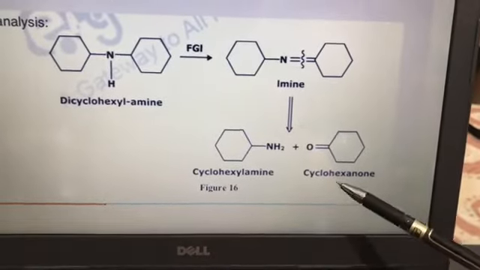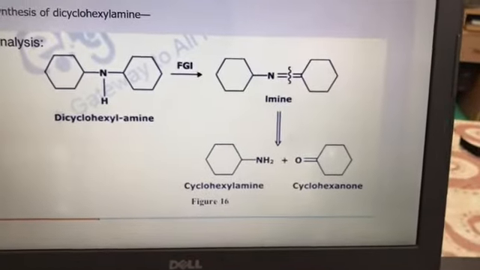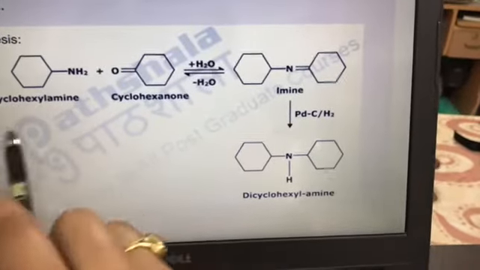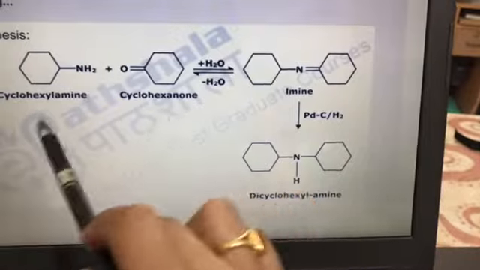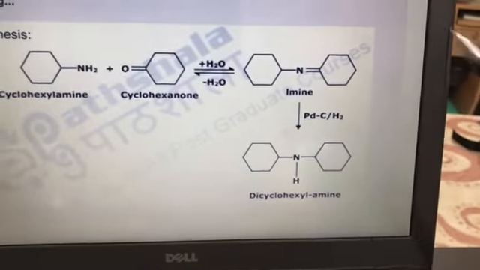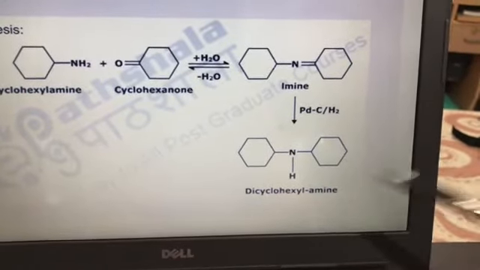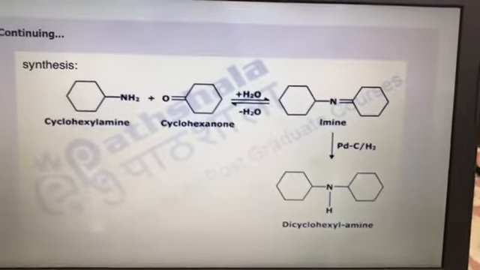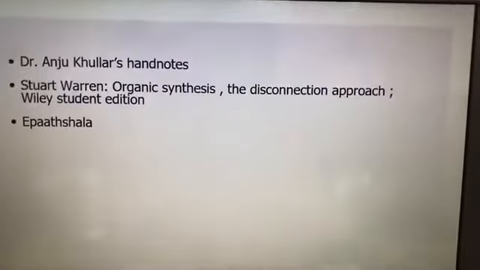And the other one is cyclohexanone. It is too easily available. So this addition gives us an imine, and by reduction of the imine we get dicyclohexylamine. Here I am going to end this. Thank you.